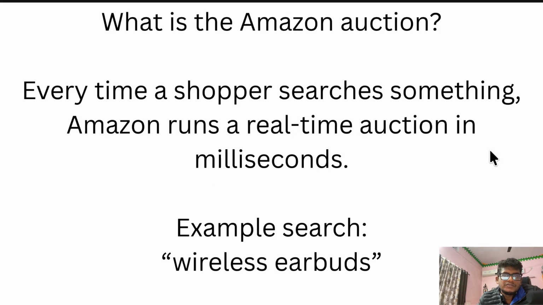Now let's understand what the Amazon auction is. Every time a shopper searches something on the search bar on Amazon, Amazon runs a real-time auction in milliseconds. In a fraction of a second, it happens in the back end. For example, let's say I'm searching for wireless earbuds.